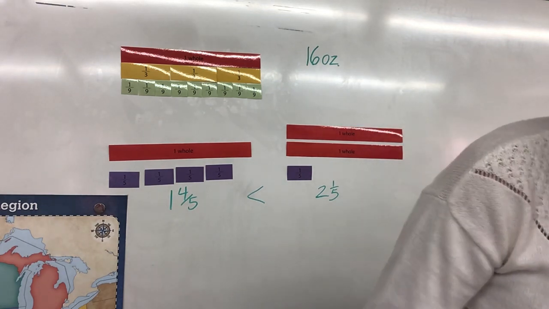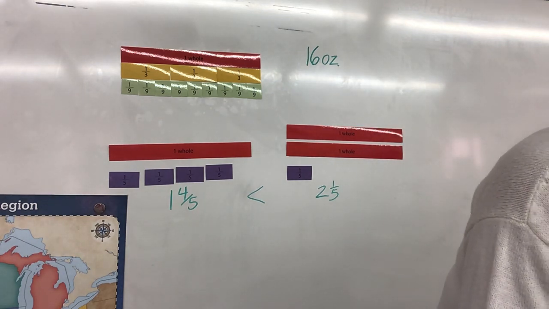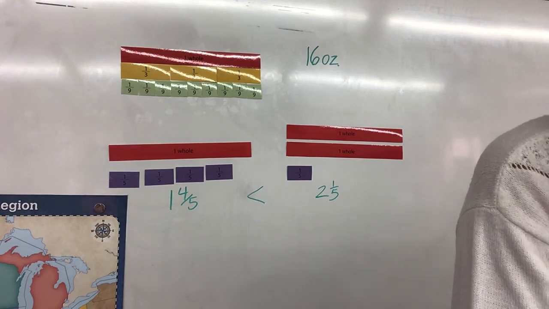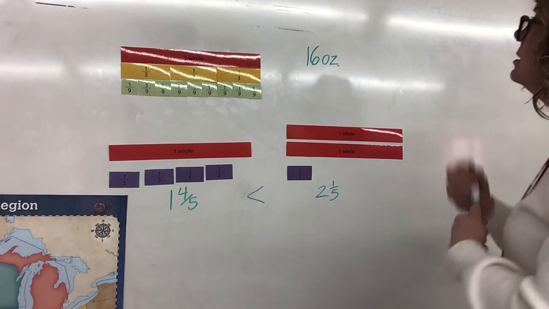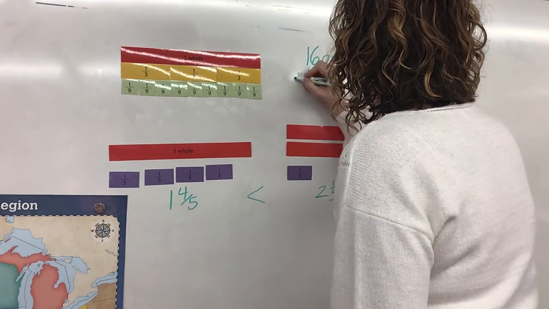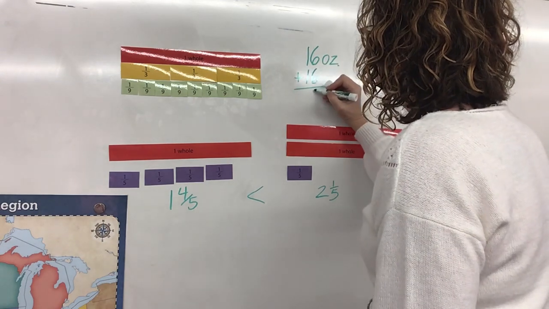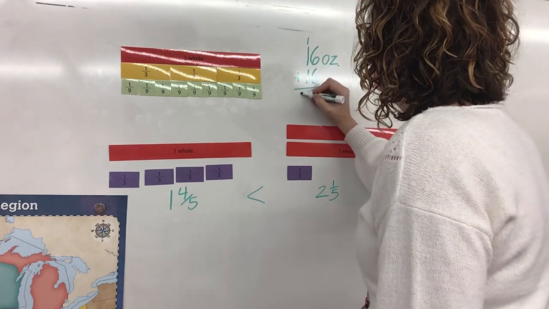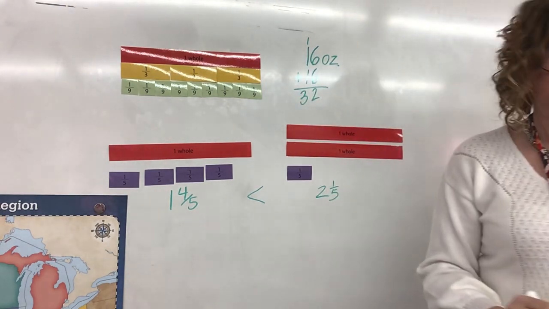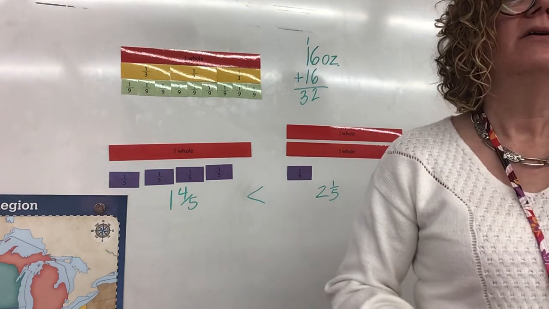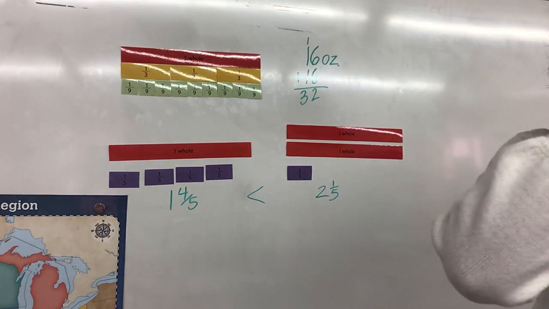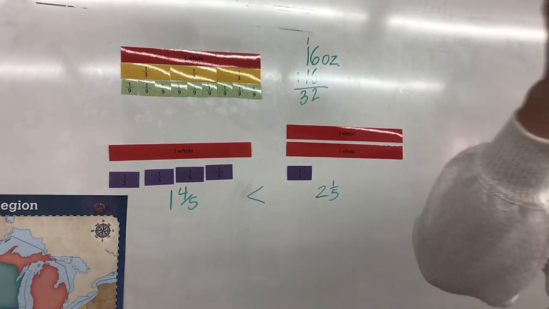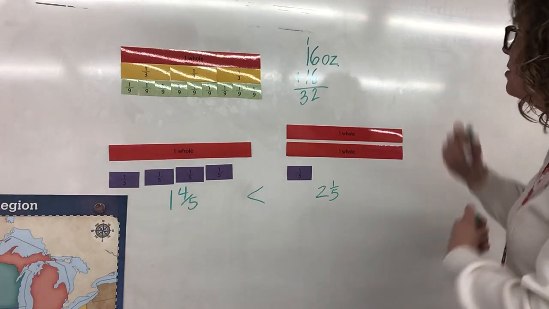All right, now let's go to number 12. Number 12 says 36 ounces, and then it says 2 pounds. Well, 16 plus 16: 6 plus 6 is 12, and rename, 1 plus 1 plus 1? 32. So 2 pounds would be 32 ounces. If you know that 1 pound is 16 ounces, then you just add it together, or you could multiply.